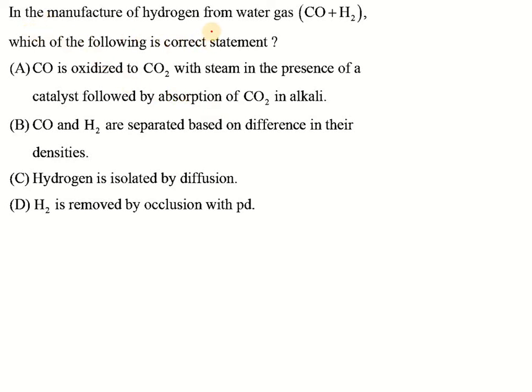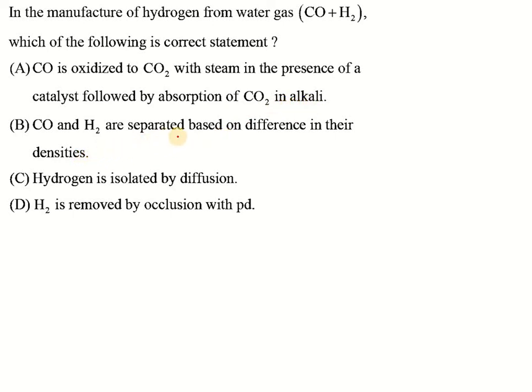Next, in the manufacture of hydrogen from water, which of the following is the correct statement? CO is oxidized to CO2 with steam in presence of a catalyst followed by adsorption of CO2 in alkali.